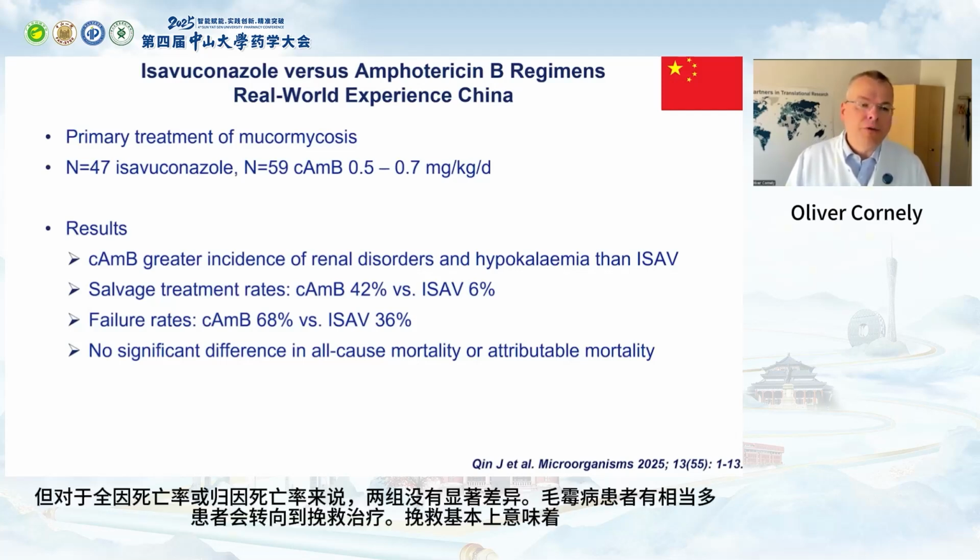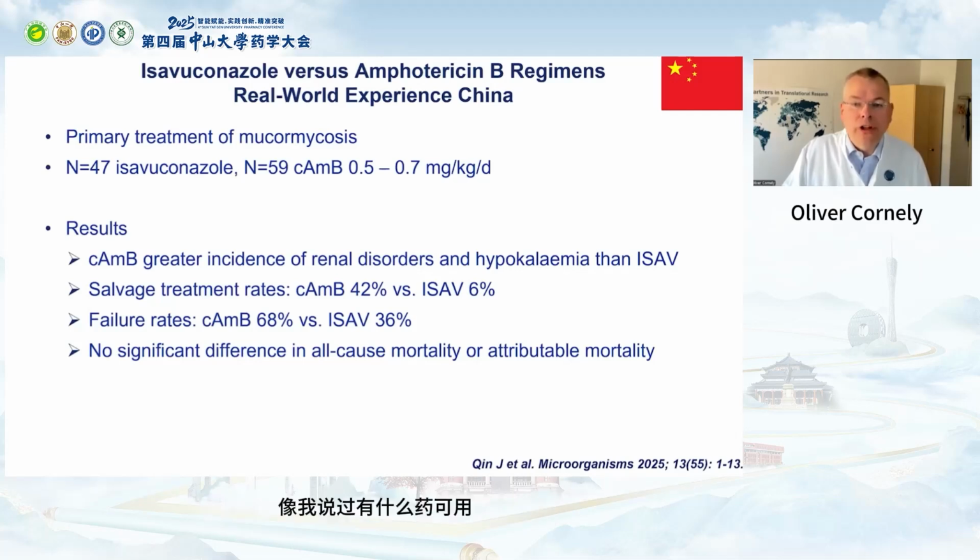But for all-cause mortality or attributable mortality, there was no significant difference. Quite a number of patients were transitioned to salvage treatment, and salvage means basically, well, one would salvage an amphotericin B patient, of course, with isavuconazole these days.